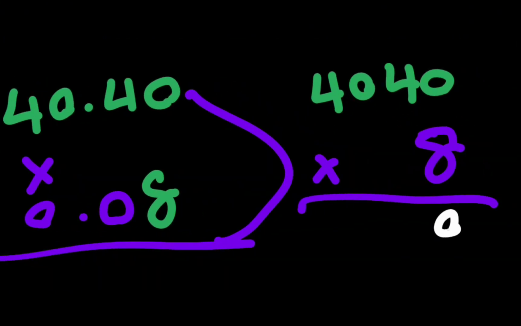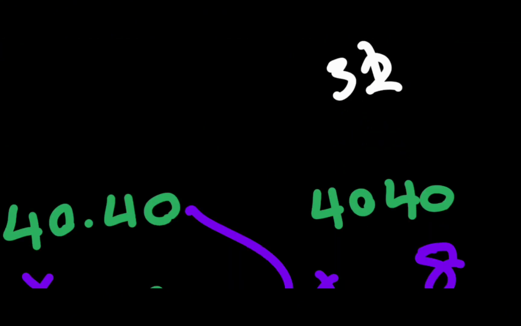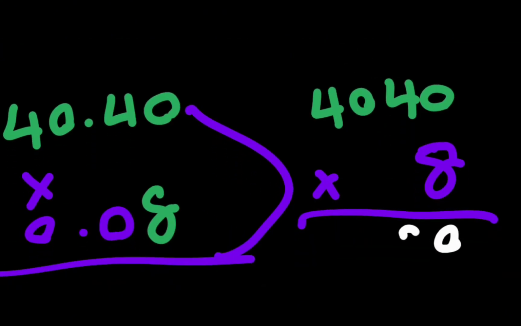8 multiplied by 0 is 0. 8 multiplied by 4 is 32. Cross the 2, bring it down. 8 multiplied by 0 is 0 plus 3 is 3. 8 multiplied by 4 is 32.